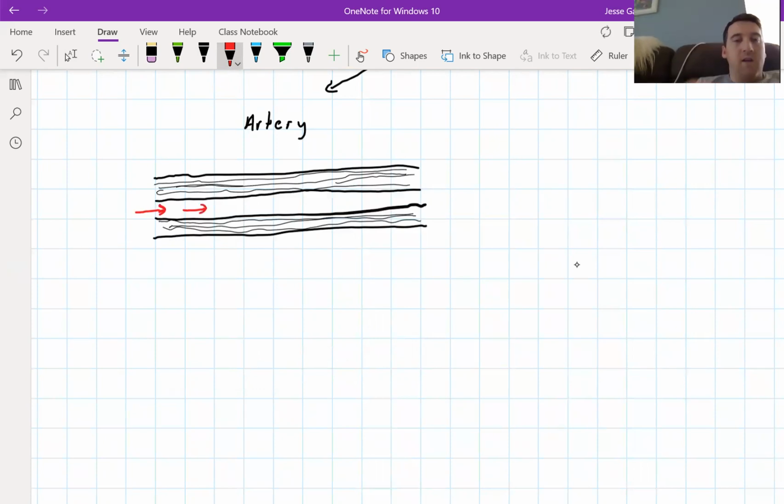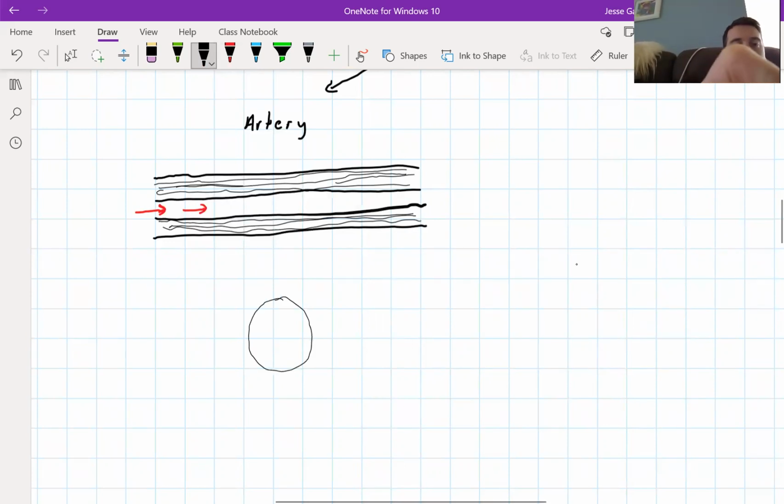Like that. Now, I'm also going to draw a second view of an artery. I'm going to draw as if we've cut it down the middle, and we're looking down the center of it, if you like. So imagine for a second that we took a knife and we cut it down like that, and then we looked in from here. That's what we'd be looking at when we look in here like this.